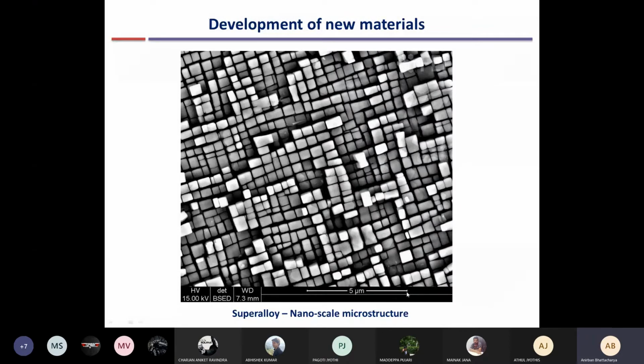Each of these structures is of the order of 200 to 300 nanometer, and the channels in between are of the order of 30 to 40 nanometer. A very artificial, very alien looking microstructure forms, as if it has been arranged by somebody, all in squares with these channels. This is known as the gamma prime microstructure.